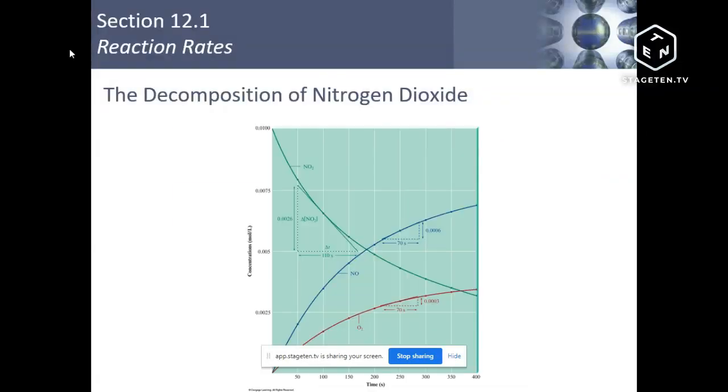So hopefully that makes sense. Okay, but notice this is the rate at which we're losing, this is the concentration of NO2, and notice the rate at which we're losing NO2 starts out really fast and decreases, right?